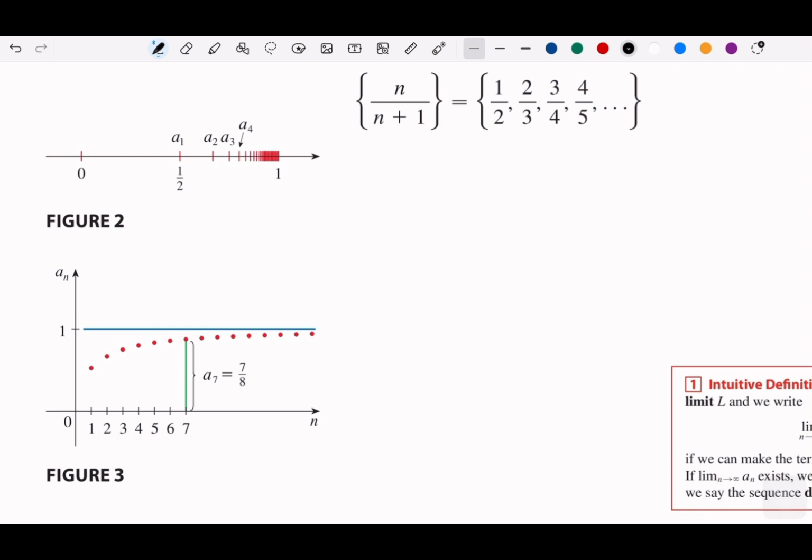So n equals 1, this is half, this is 2 over 3, 3 over 4, and so on until 7 over 8. And maybe we can see it is also getting closer to this line. And remember, since the title of this topic is limit, we can try to take the limit concept to define how we can get as close as possible to this line.